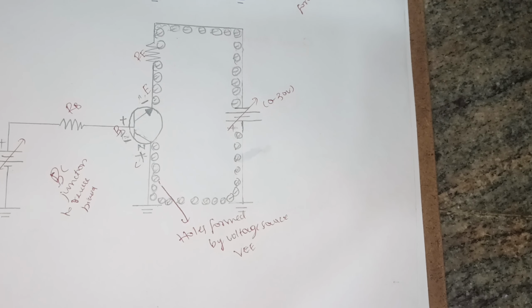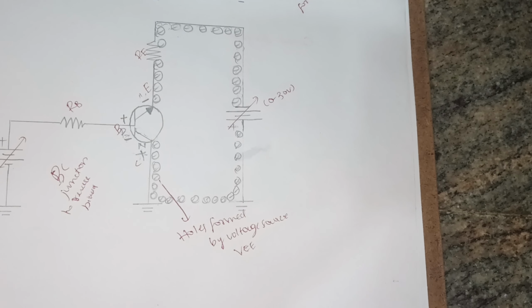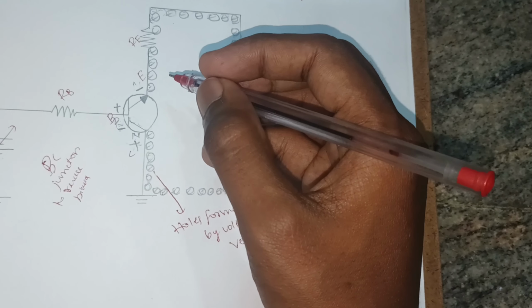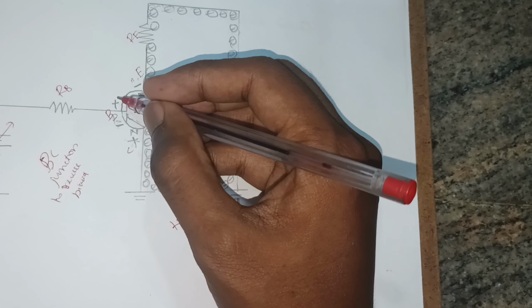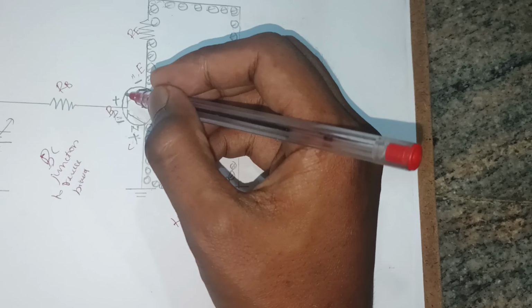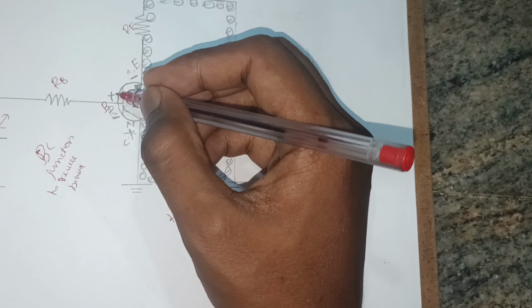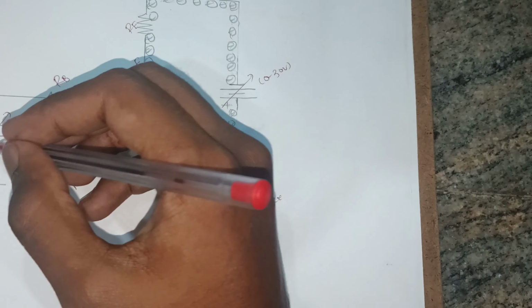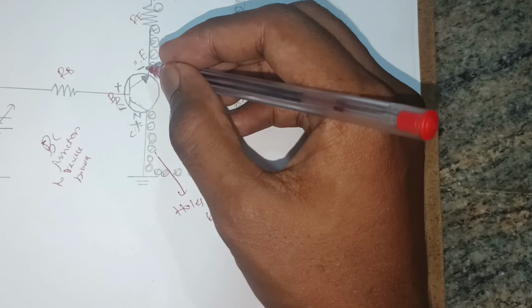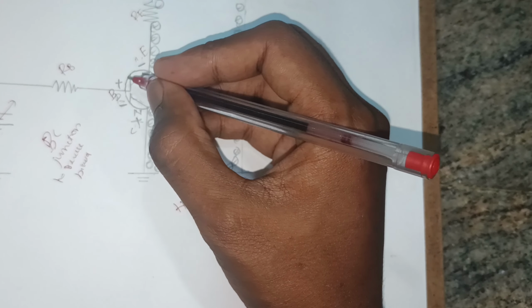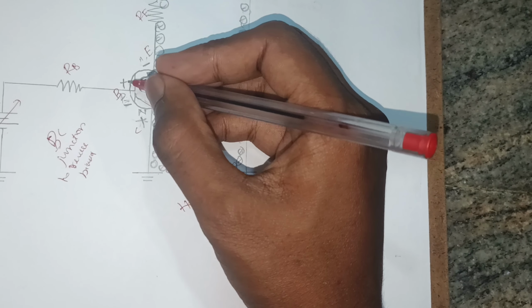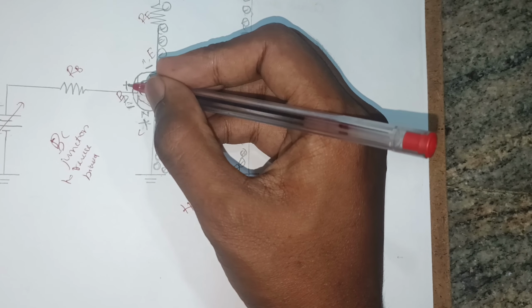So it acts in the active region. And also here, see, the electrons will be moving. Here, see, the positive terminal of the RPS is connected to the base positive, and the negative terminal is connected to the emitter negative. So here positive is more positive than negative.